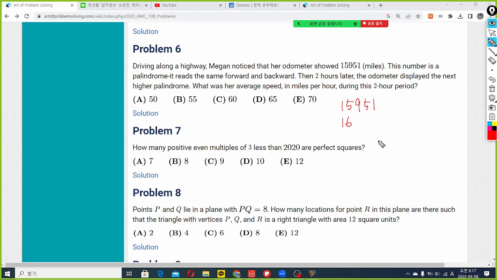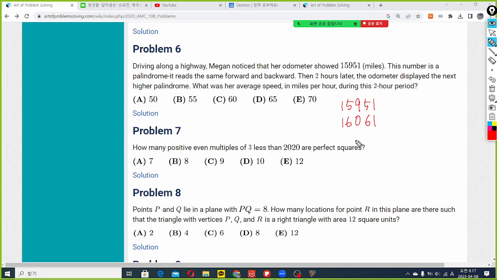Yeah, a palindrome should also have this 6 1. And what's the number in the center? 1? Yeah, but we can use the 0, right? 0 is less than 1.